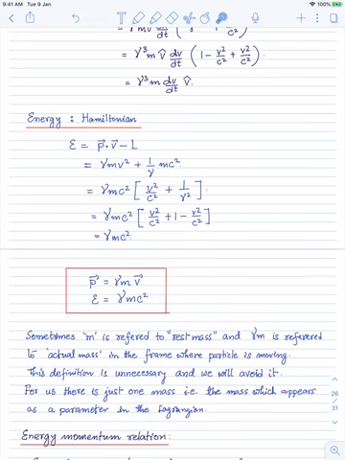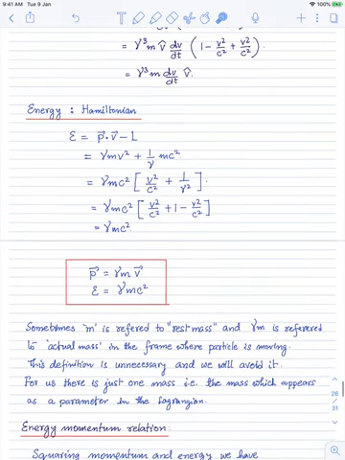Because of these expressions, sometimes people define a new mass which is gamma times m. M was this scalar parameter in the Lagrangian, just a number, like 1, 2, 3, 4. But if you multiply it by gamma, then it has complicated transformation properties, because the gammas transform as velocities transform.